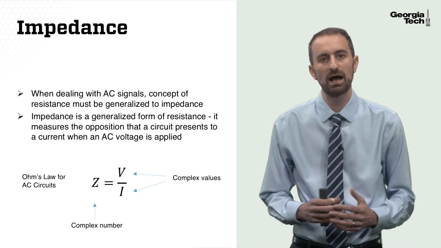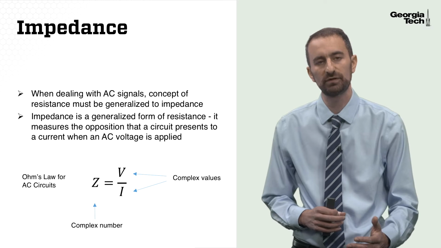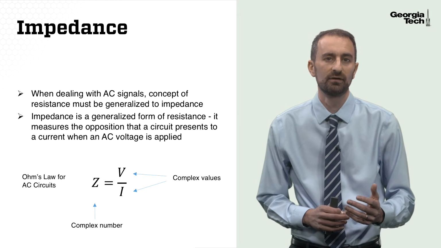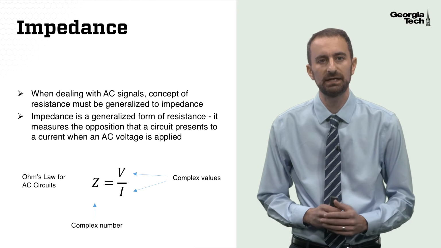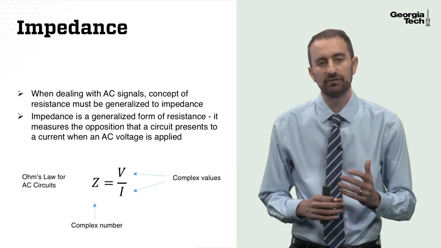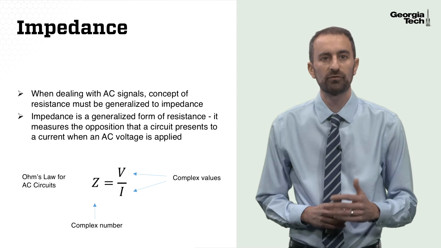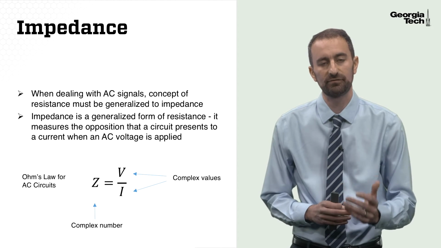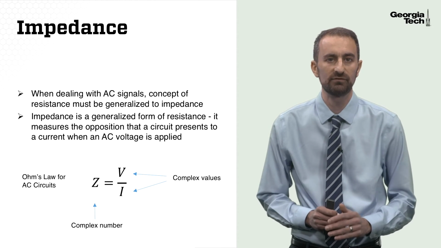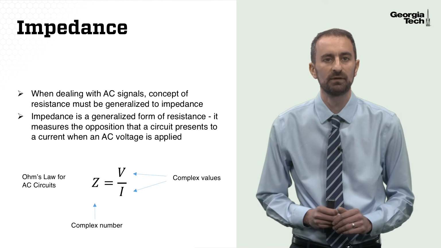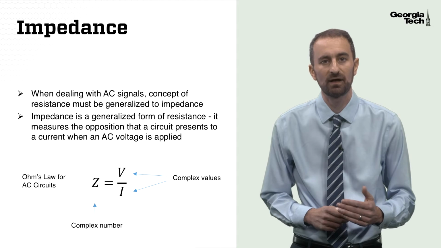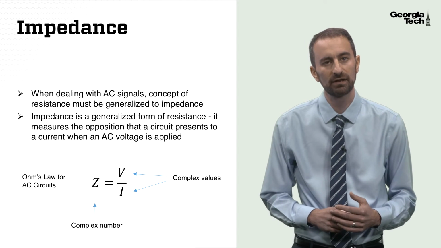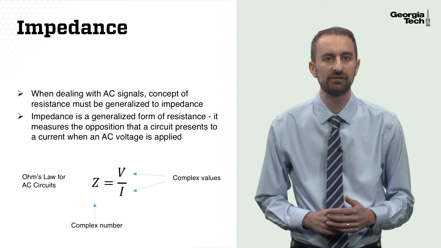So it describes the relationship between voltage and current when an AC signal is present. We will write impedance as Z, and Ohm's law for AC circuits is Z is equal to the voltage divided by the current. It's important to understand that Z itself is a complex variable because the voltage and the current are also complex for an AC signal.